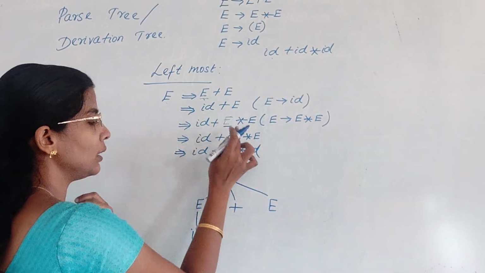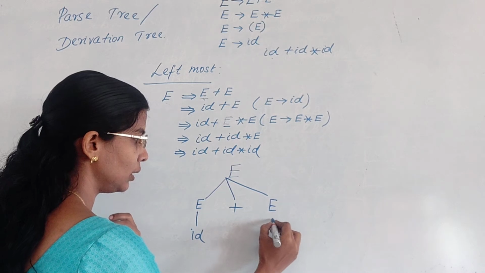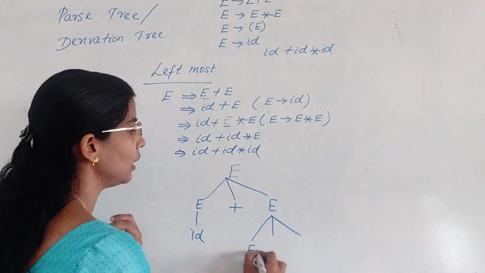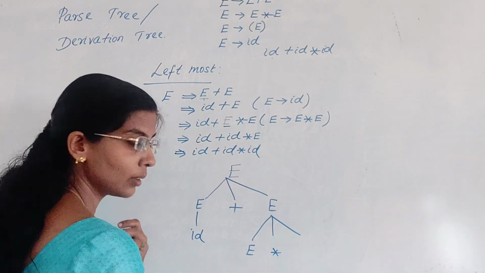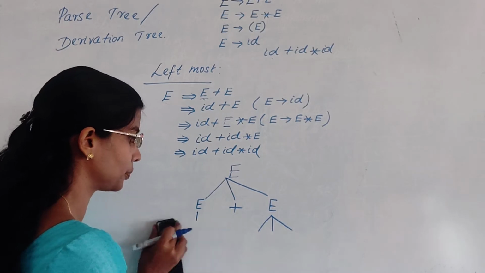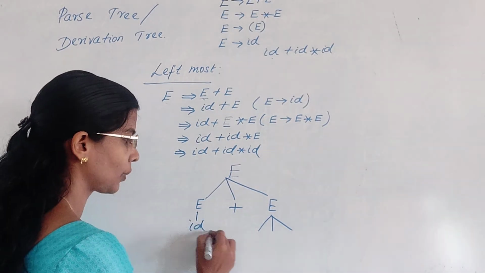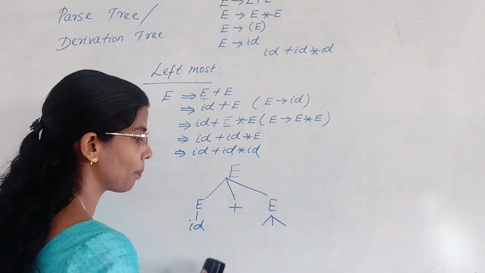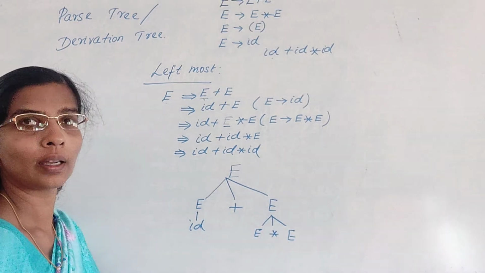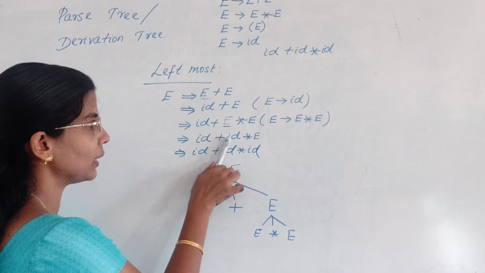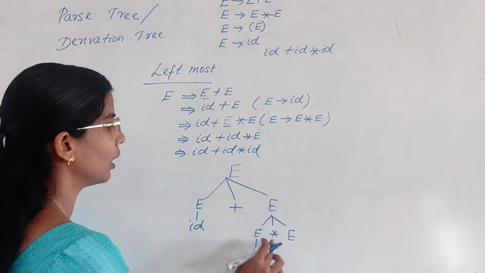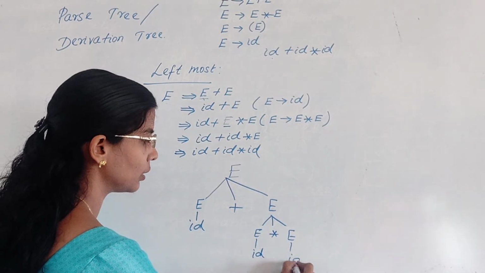I replaced this E with E star E. Now replace this E by id, then star, and this one is your id.